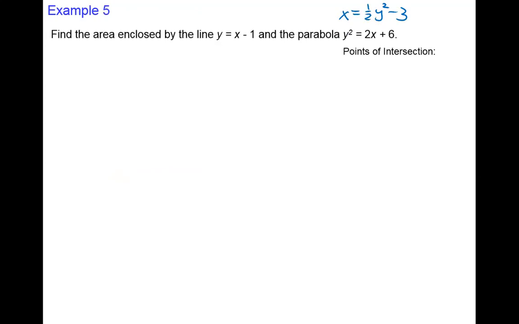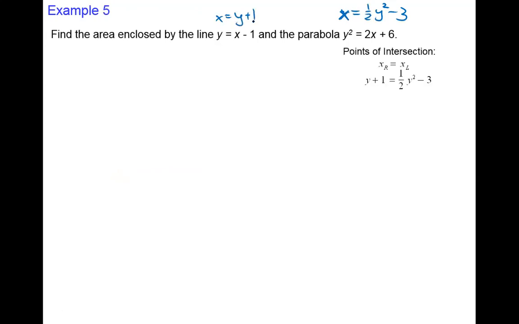First of all, points of intersection. Because of that parabola, I will assume that I'm actually not doing the top and the bottom curves. I'm doing the right and the left. That means let's solve the line for x too: y plus 1.